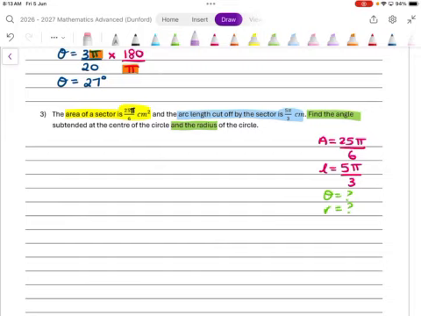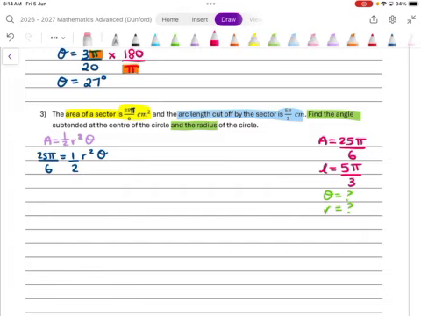So what we have with our area of our sector is A equals a half r squared theta. So what we have is 25 pi on 6 is equal to a half r squared theta, where we don't know what r or theta are. Now, I don't like that half at the moment.